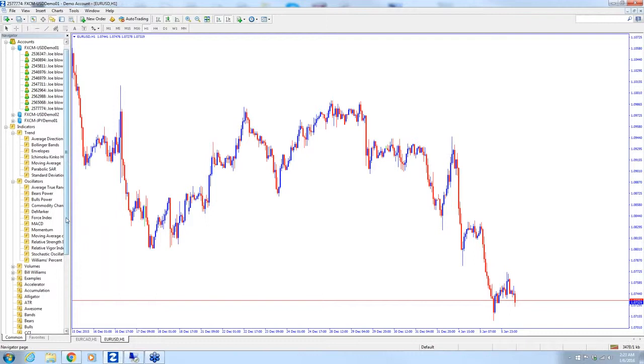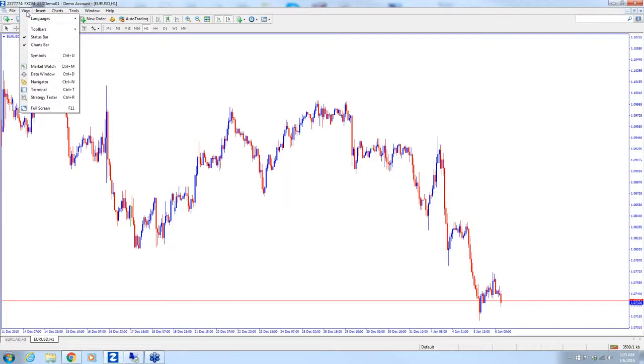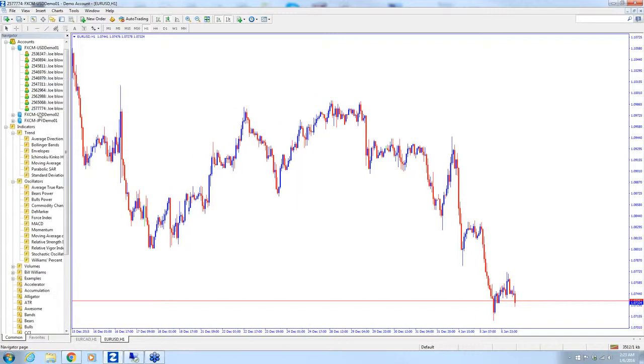All of that information is right here. To keep it simple, let's just take a moving average. You left click, and I'm showing you how to move stuff over. So how do you get there? One more time: View, Navigator. All right. So moving average.